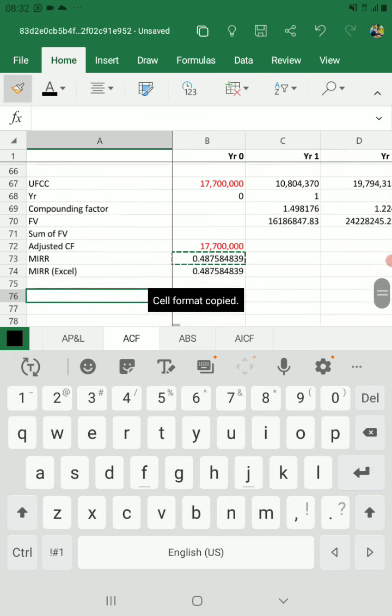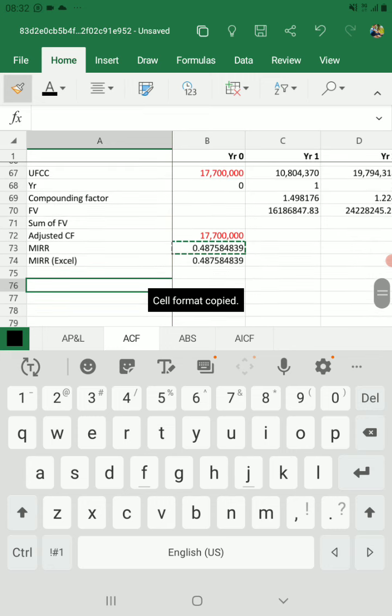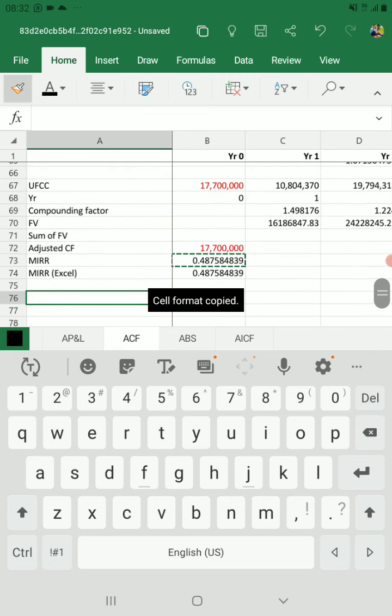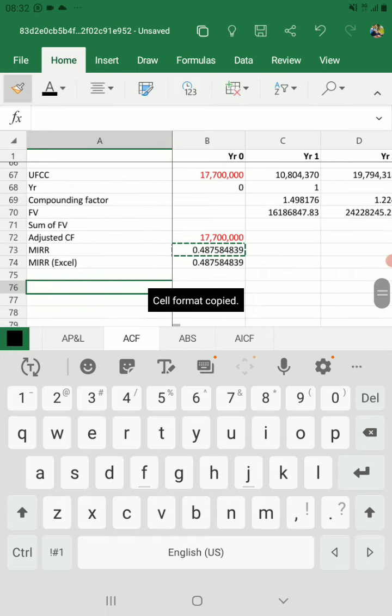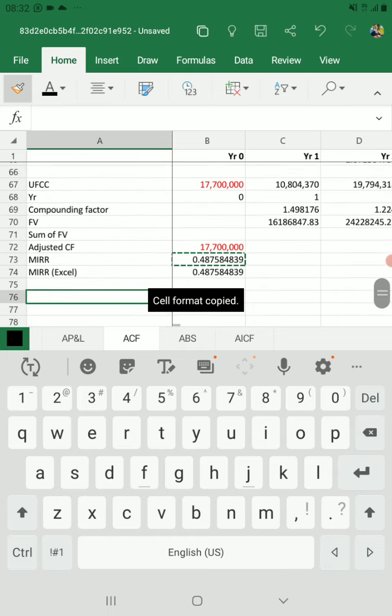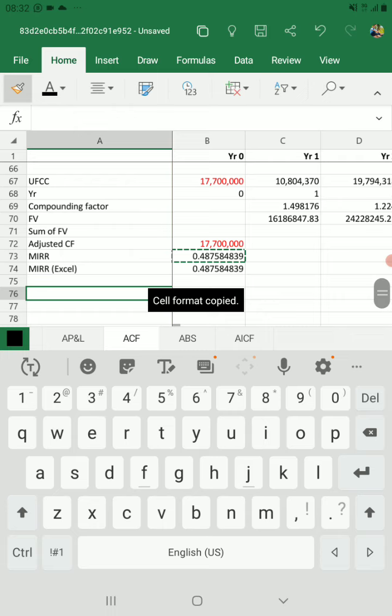In our case here, all our future cash flows were positive cash flow. Let us consider a scenario where instead of having all positive cash flow, we have at least one negative cash flow at the end of the year.